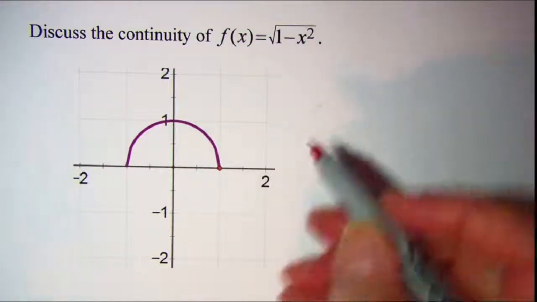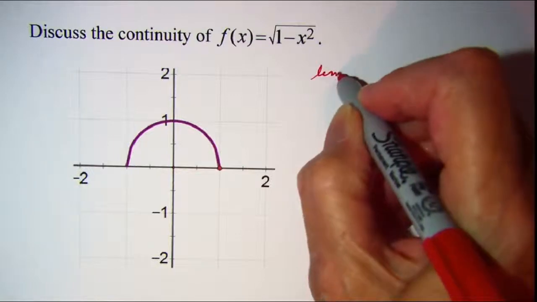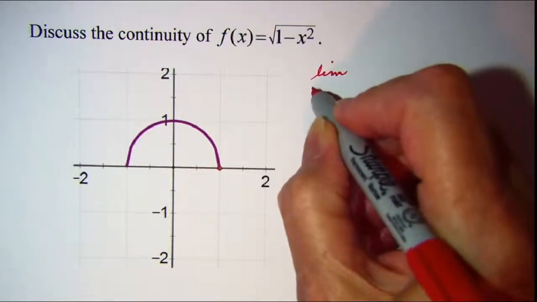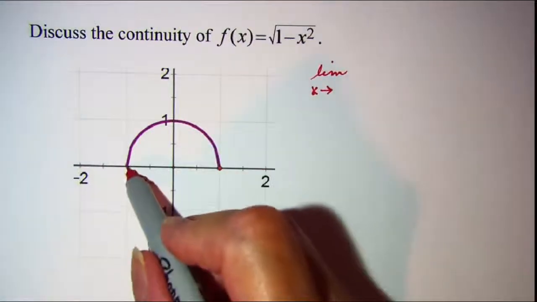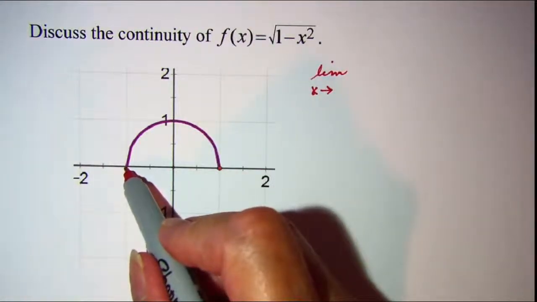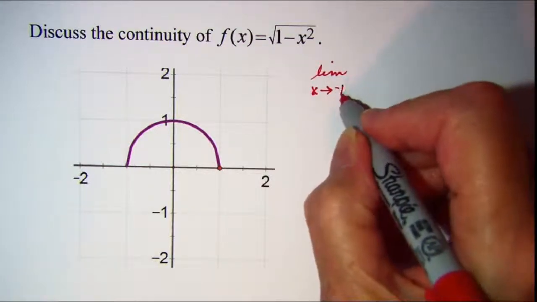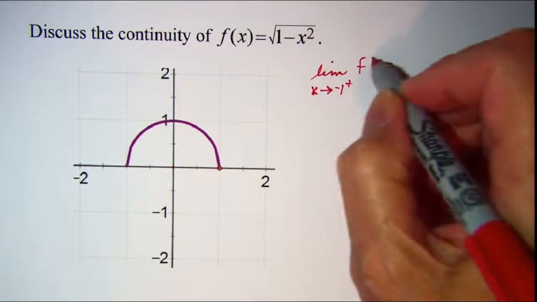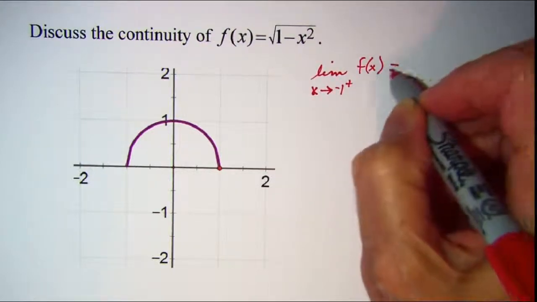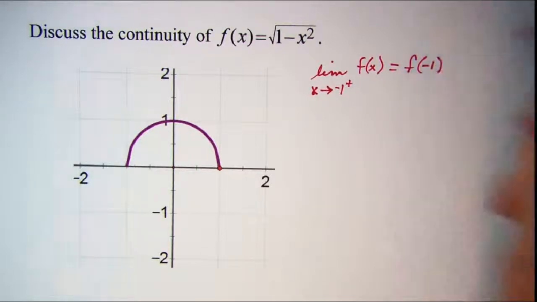Then we want to see if the limit as x approaches -1 from the positive direction is equal to f of -1.